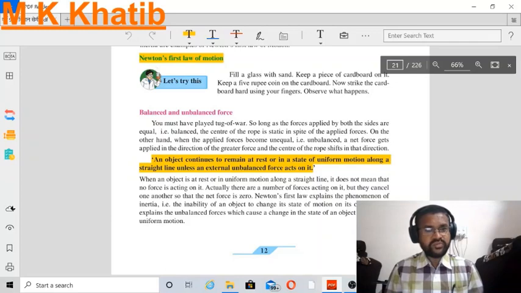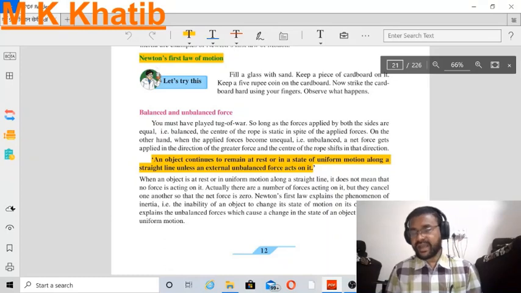When an object is at rest or in uniform motion along a straight line, it does not mean that no force is acting on it. Actually, a number of forces are acting on a body, but these forces cancel one another, so the net resultant force is zero.